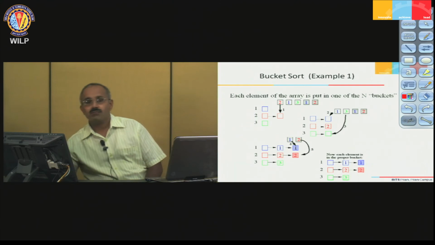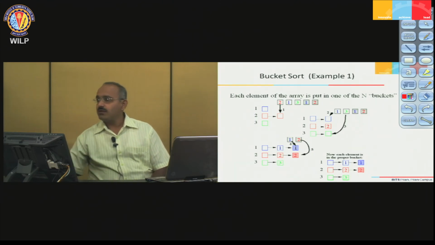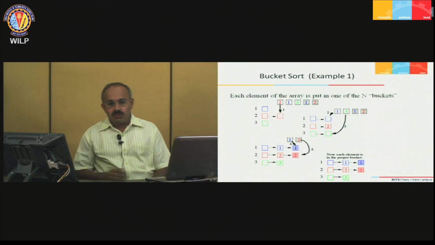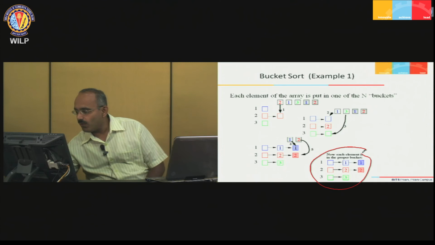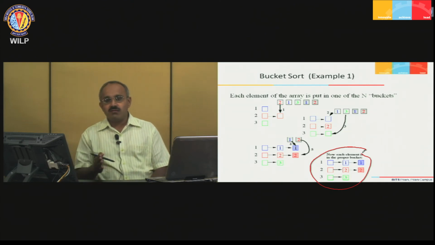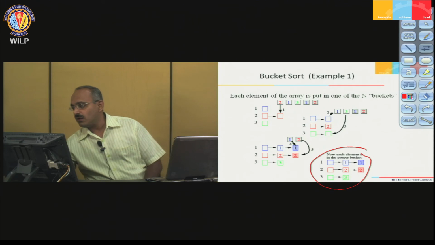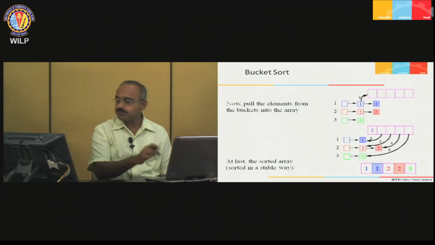Once this bucket is formed with this insertion, we simply pull back the elements from the bucket and put them in an array. Once you have this bucket structure ready, we simply start removing elements one by one from this bucket and storing them in an array. Once we do that, the array will have only the sorted list of elements.